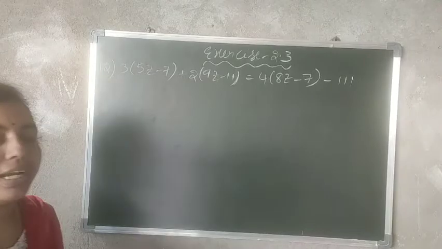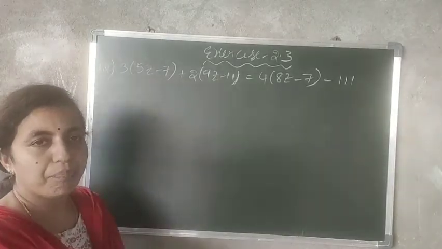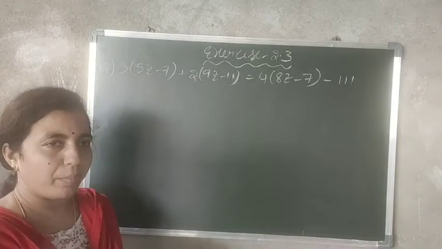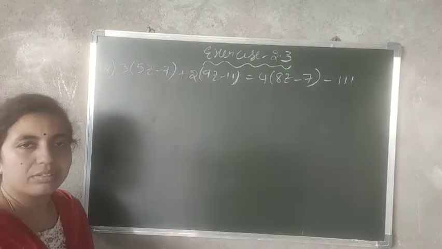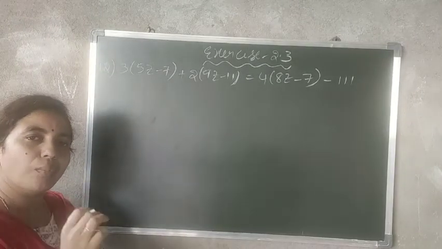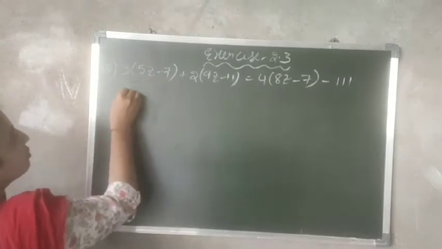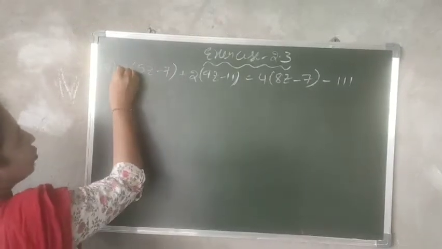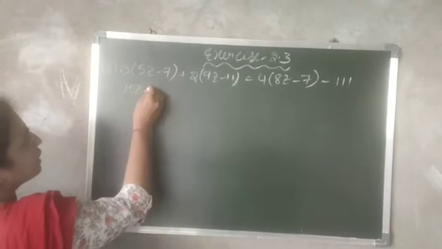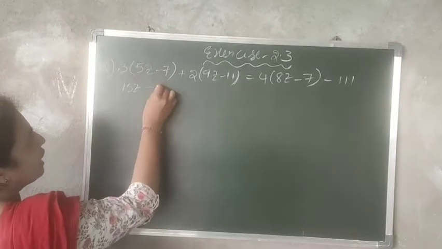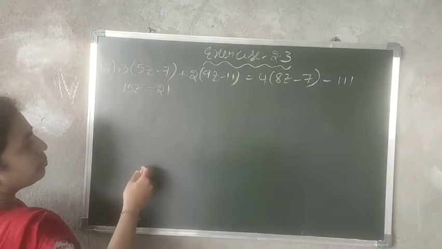So first, expand that. Expanding means we have to apply the distributive property. Distributive property means you have to multiply with both terms. Now here, 3 into 5z is 15z. Here no sign is there, so plus into minus, 3 sevens are 21.